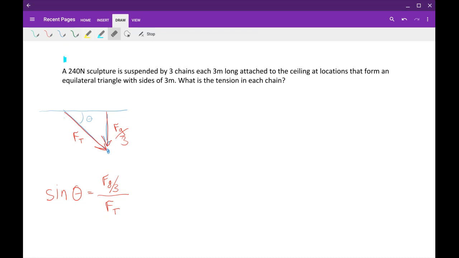That leaves just one thing: we have to figure out the angle. So I'm going to go ahead and try to draw this. It's going to be a tough drawing.